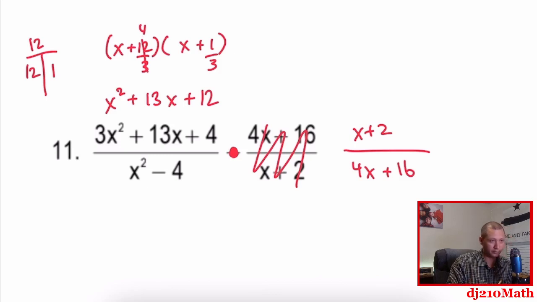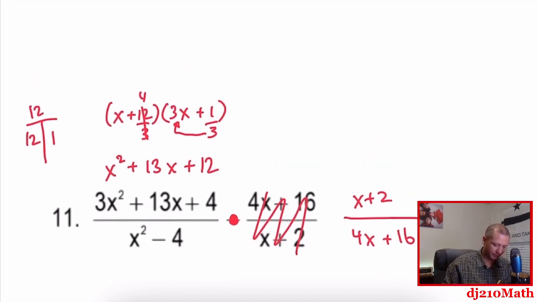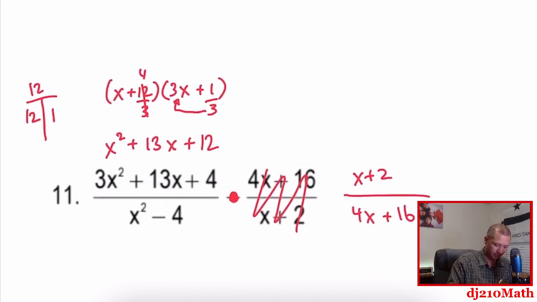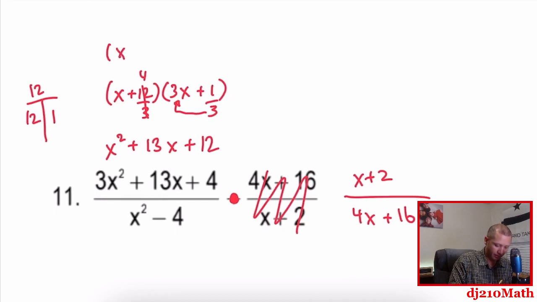And 1/3 doesn't reduce. So we can kind of move up the 3 here. So what am I saying? I'm saying that the factors are going to be x plus 4, 3x plus 1. That'll give us 3x squared plus 13x plus 4.